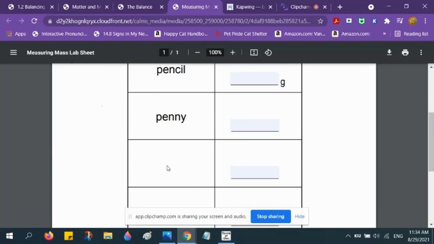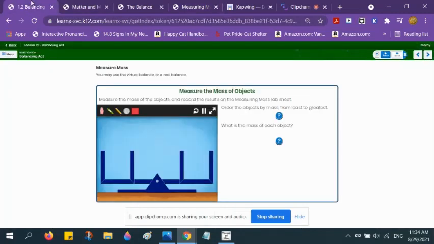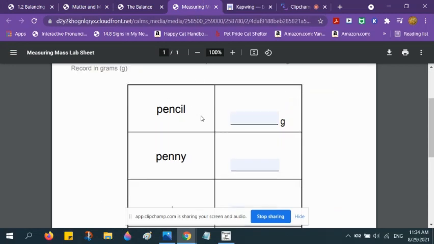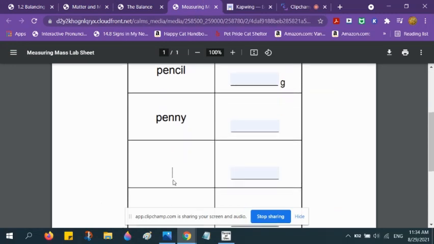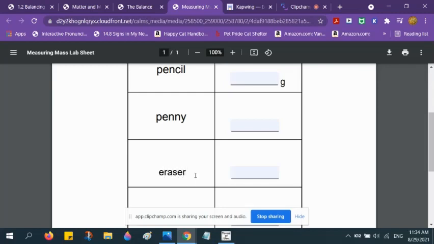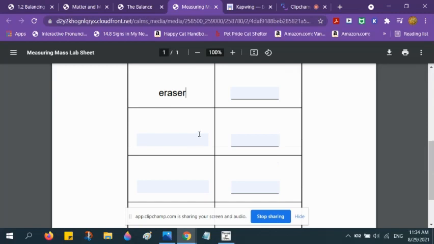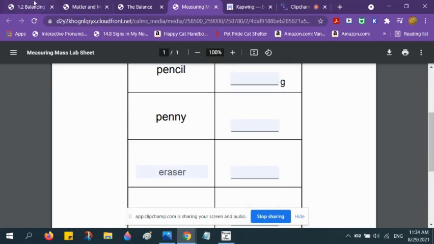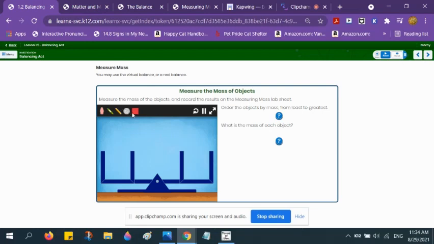There are a few blanks here for you to write down what objects you will be measuring. So you could put eraser in one box, you could put crayon in another. Pencil, penny. Let's write down eraser here. Eraser. Crayon. Actually, we don't have a penny in this one. We had a penny in the other one.